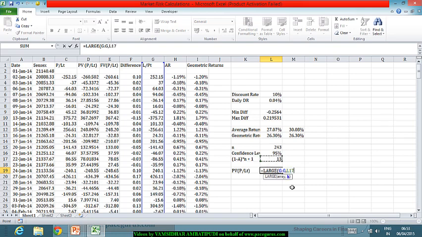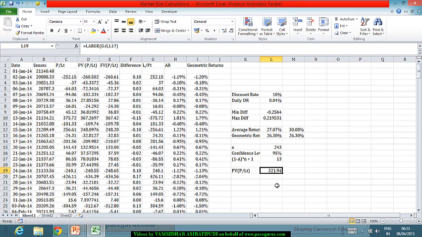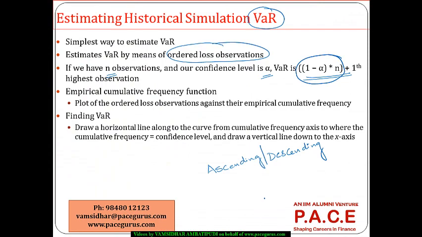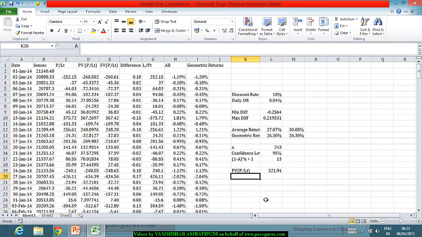So within this, I am taking the 13th largest, which is 321.94. That is the 13th largest loss, which means 5% of the losses are above 321.94 and 95% of the losses are below 321.94.